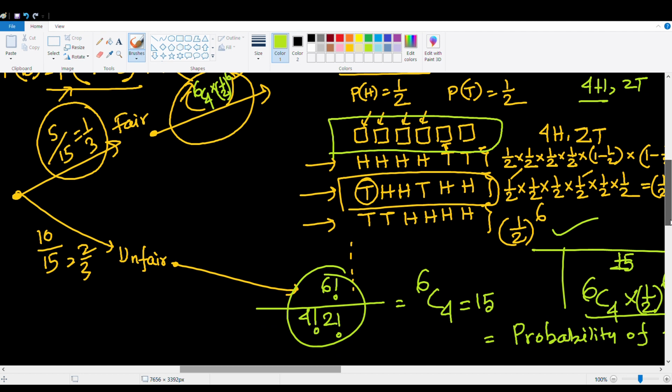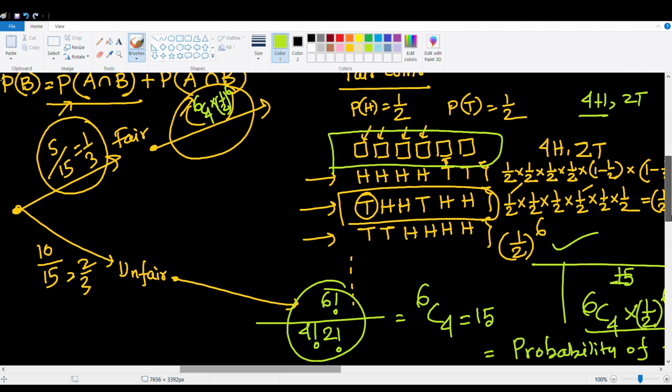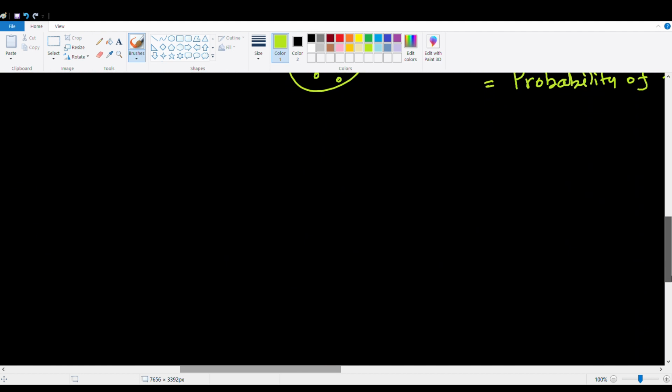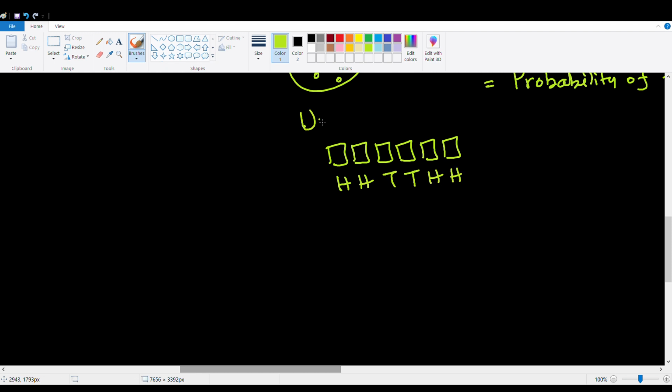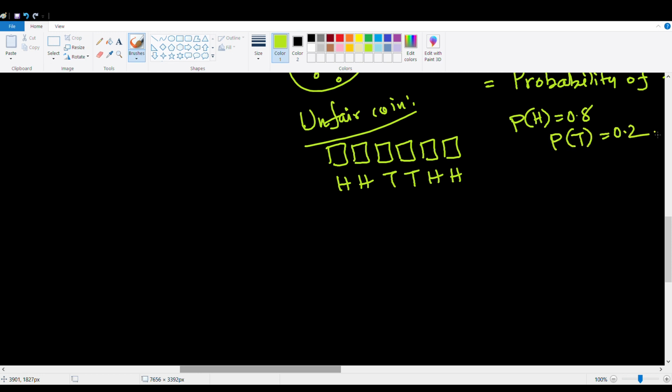Now for the unfair coin, we can do the same. For an unfair coin, we will have 6 boxes where 4 of them will be filled up by H, 2 of them by T. So say H, H, T, T, H, H is a configuration, and for an unfair coin, we know that P of H equals 0.8 and P of T equals 0.2.